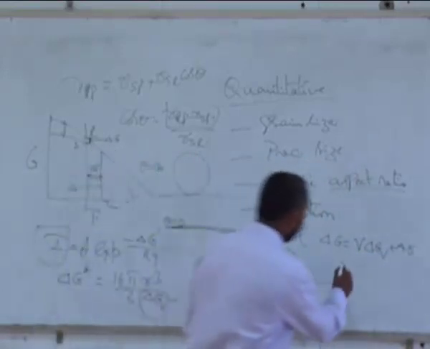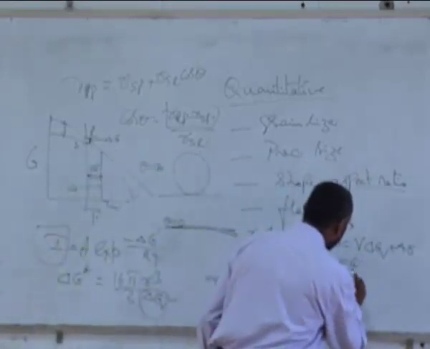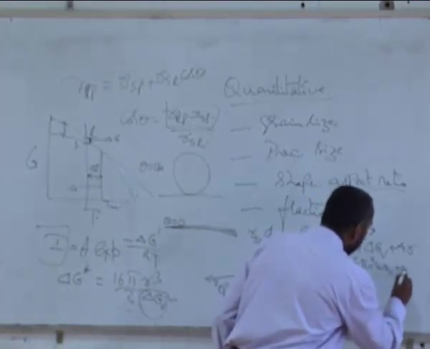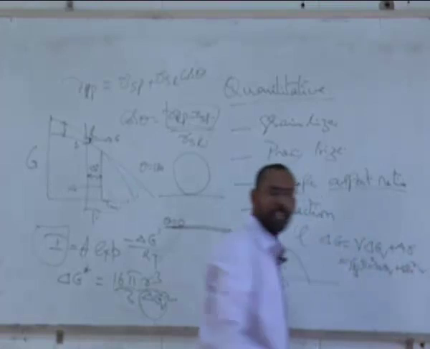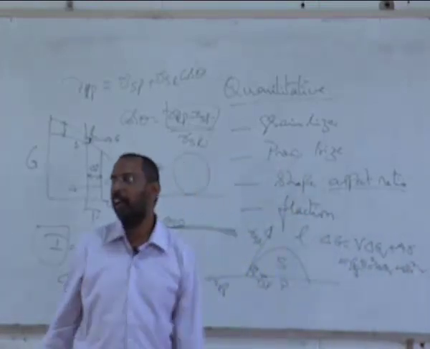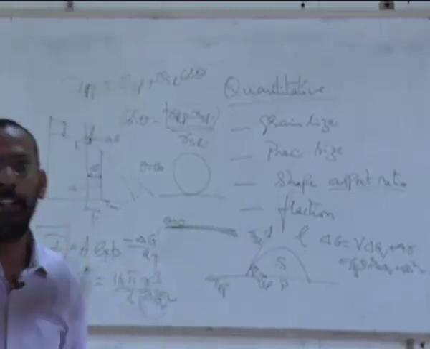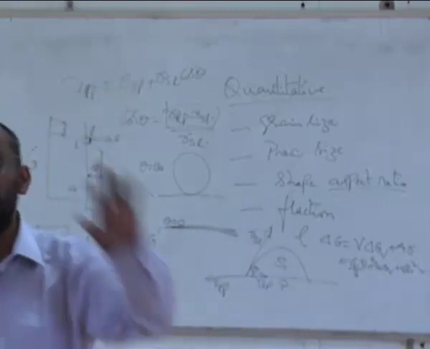And that we write as 4/3 pi r cube into delta GV plus 4 pi r square into gamma for a spherical nucleus. But the moment it is heterogeneous nucleation, that equation does not work, right? This is only for homogeneous nucleation.